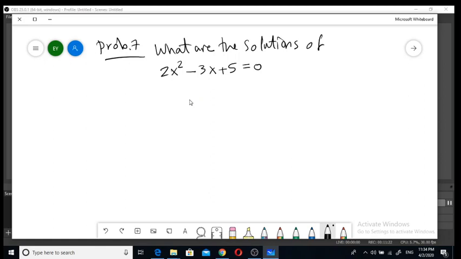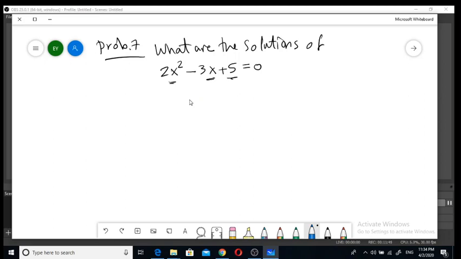How can we find the solutions of this equation? We have a trinomial expression. So how can we solve this equation? It's a quadratic equation in the form of a trinomial expression.